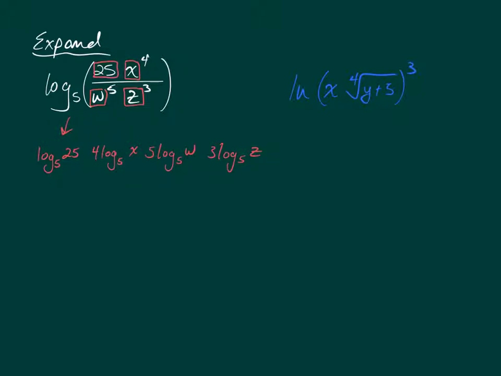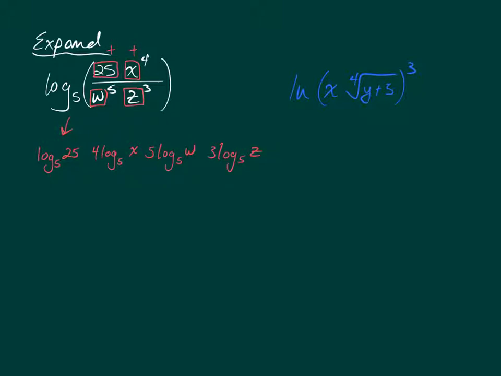Next, I just have a bunch of logs written here. I can't just have logs. I need to assign them to be either a positive log or a negative log. So if bases in the original argument are in the top, they will have a positive log.